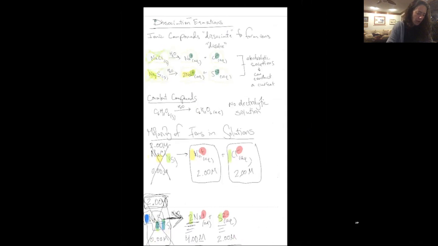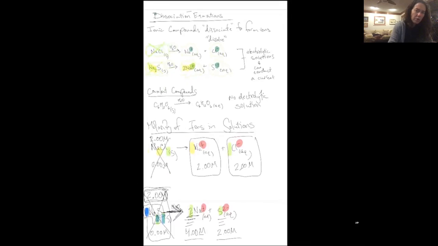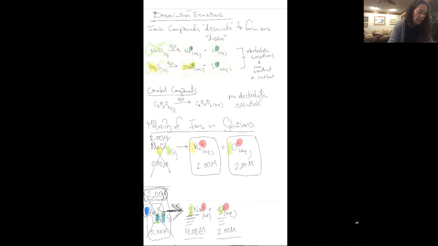So what we did is we just talked about real quick how these ionic compounds dissociate into their ions, and that the subscripts over here determine the number of moles present over here. Because these are ions on the product side, we have an electrolytic solution.